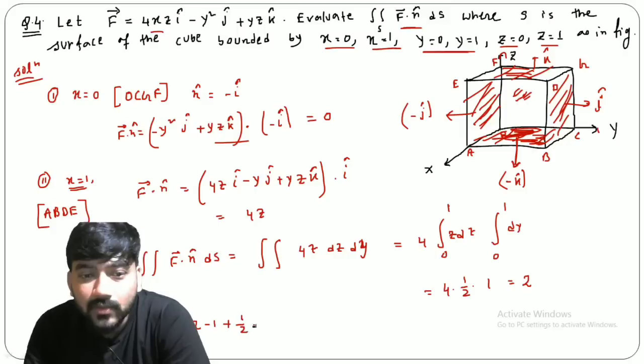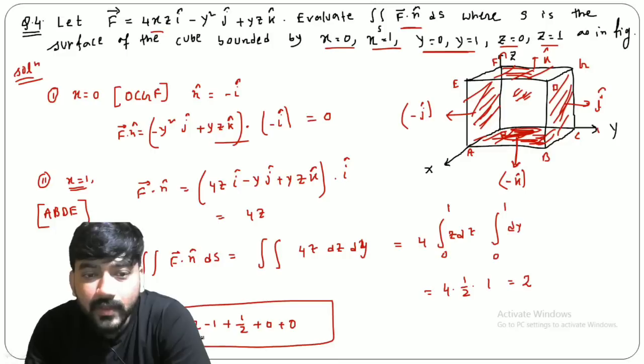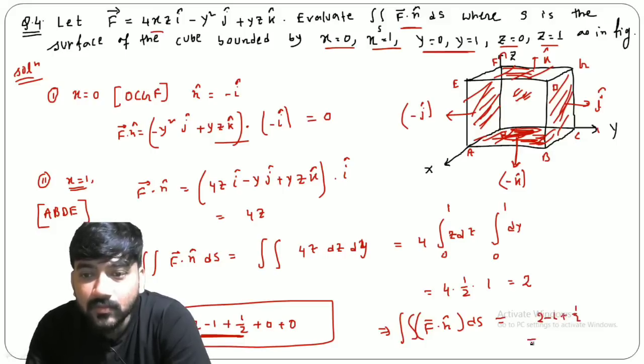So the total surface integration of f dot n cap ds will be 2 minus 1 plus half, that is 1 plus half, which will be 3/2. So this will be your result.